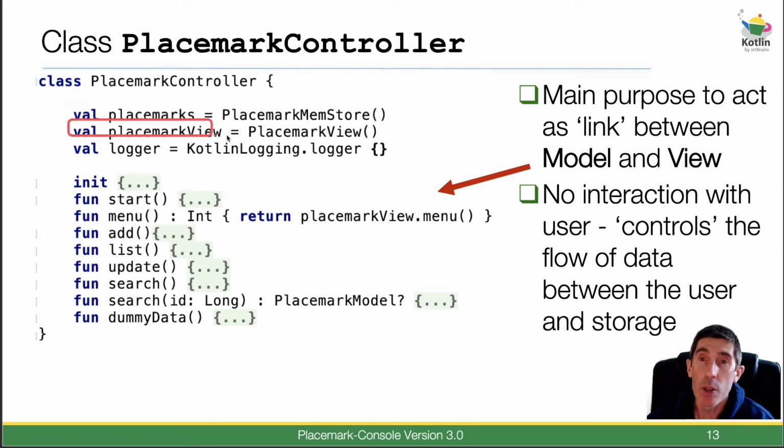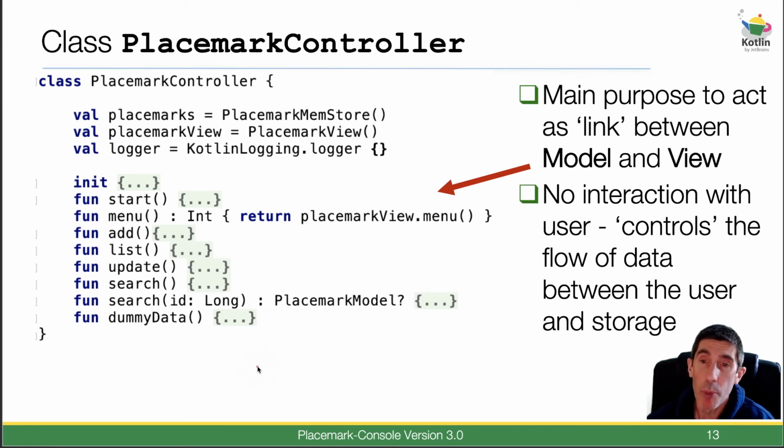We have a reference to a placemark view, which we'll talk about in a minute, and then we have our logger, which we've seen before. We have a number of methods. There's our start, which was called in void main, and essentially starts the whole application. We have a menu, an add, a list, an update, a search, and a function, dummy data, which will instantiate our placemarks model.